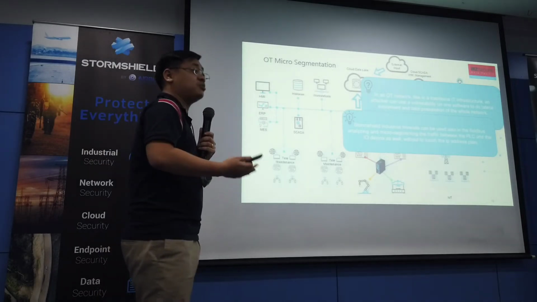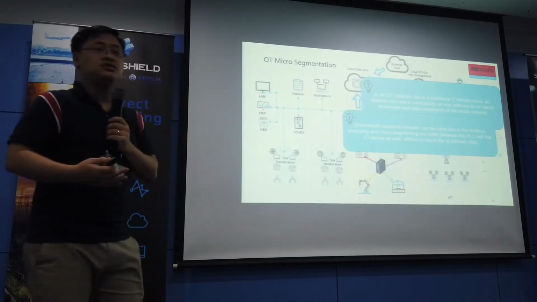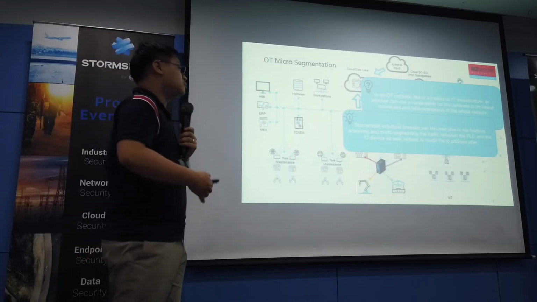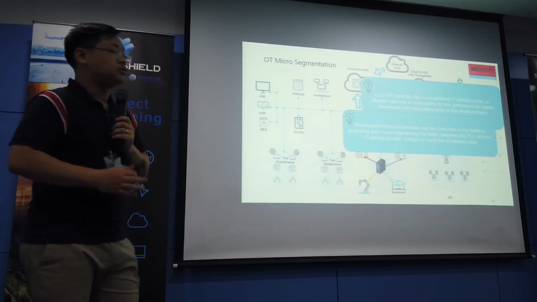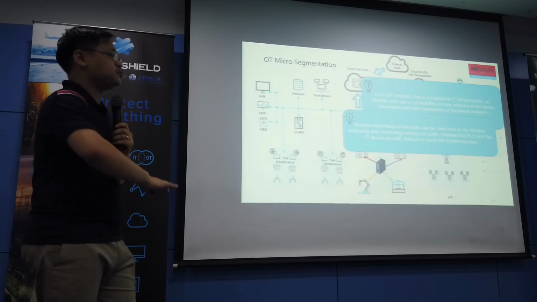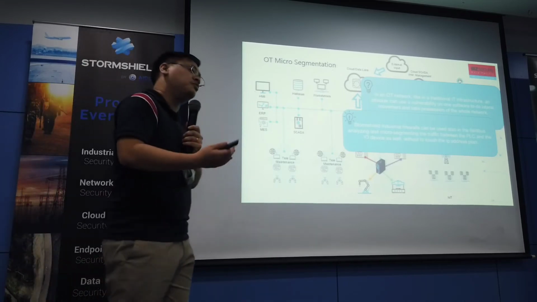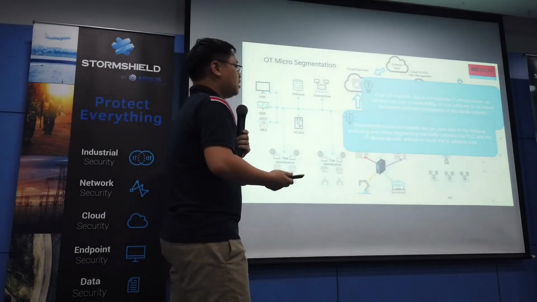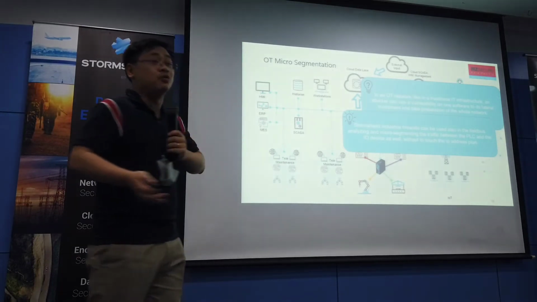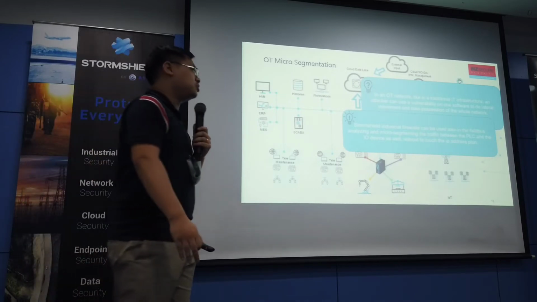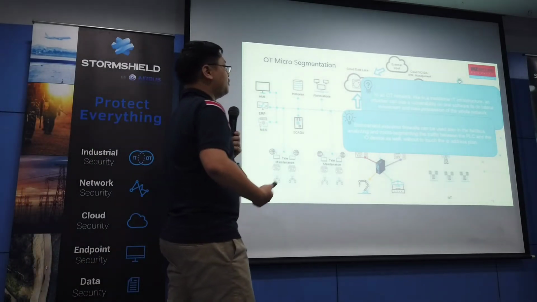Usually it's hard-coded inside the configuration. Well, with Stormshield, you can implement it without touching the configuration. It's going to be very important because, of course, if you implement a firewall and then you need to change the whole network configuration, it makes no sense. So here again, very important.